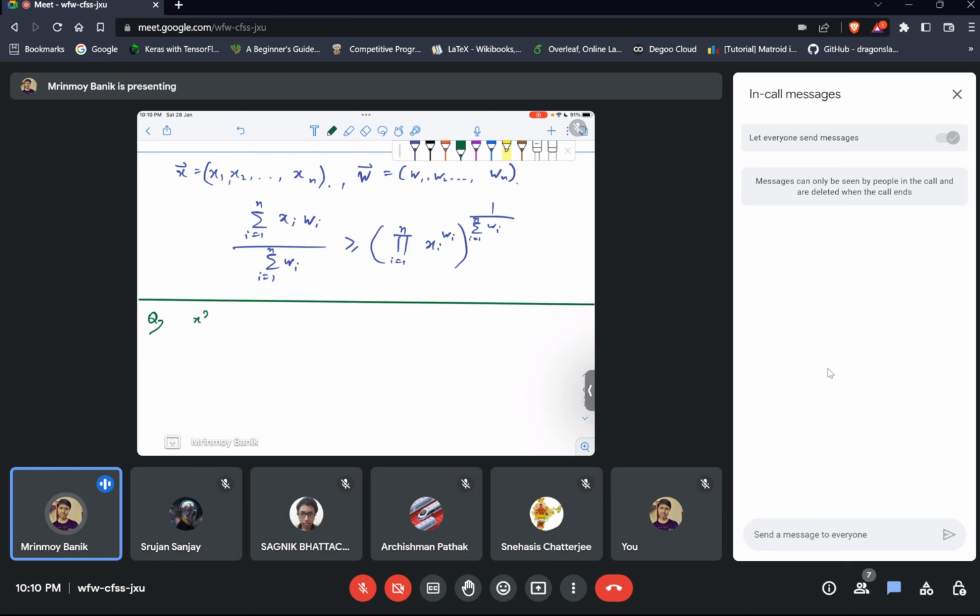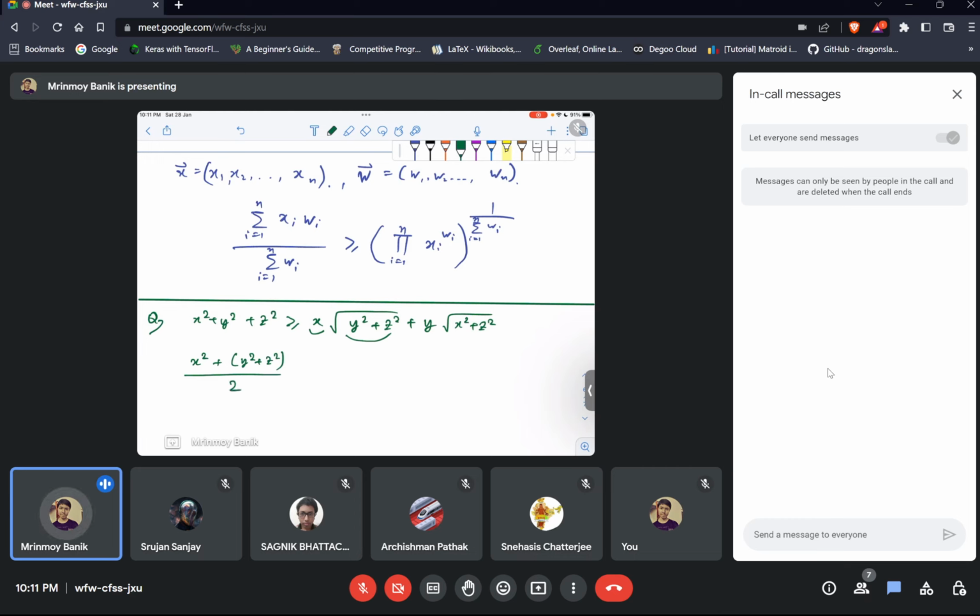Last one: x squared plus y squared plus z squared is greater than or equal to x times the square root of y squared plus z squared plus y times the square root of x squared plus z squared. The idea is kind of similar. You club x squared along with y squared plus z squared.